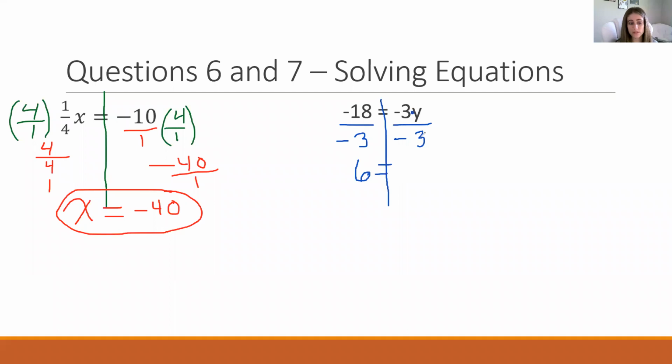And then -3 divided by -3, when you divide something by itself, it just equals 1. Once again, that means we're left with one single y, which is what we're going for, because that tells us our answer is 6.